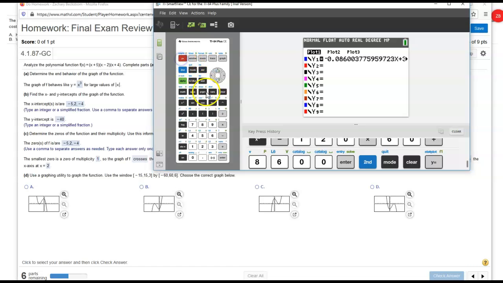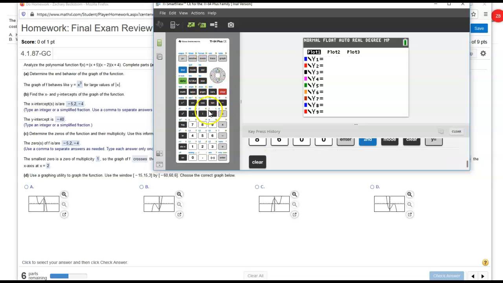Let's go ahead and put this function in. And I can actually just put it in just like that for right now. So x plus 5, x minus 2, and x plus 4.